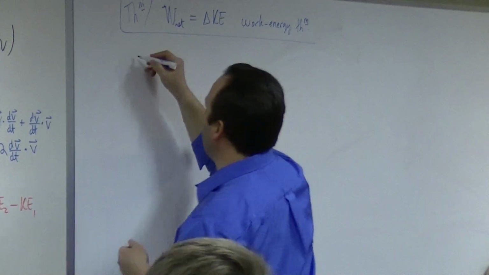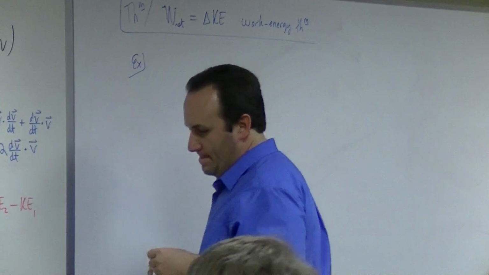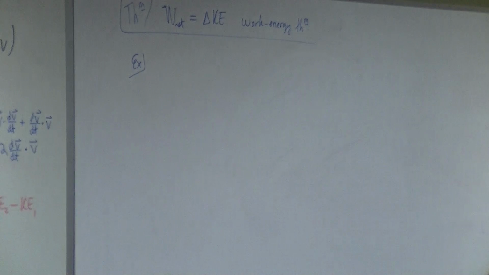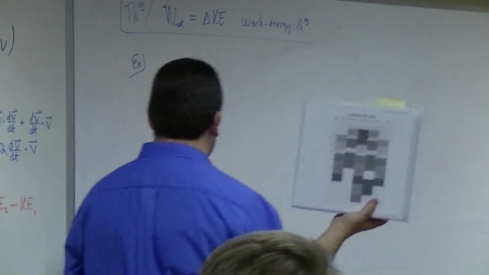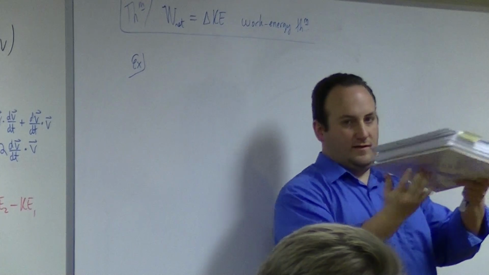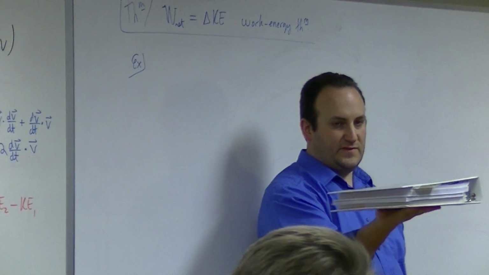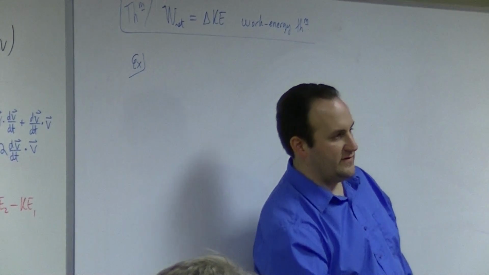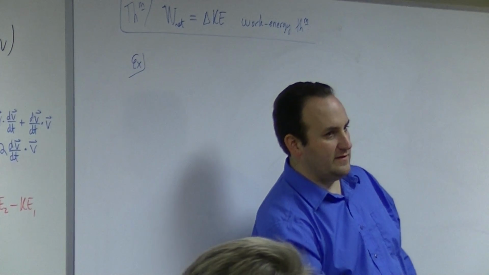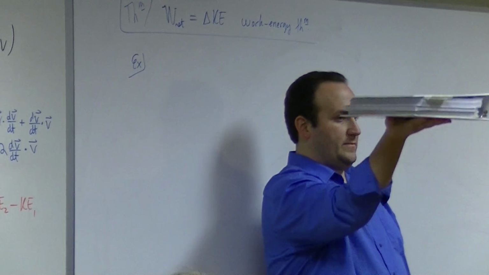So let me look at an example. Suppose I have this bunch of notes here. I take it, let's say at position 0, and then I raise it to right here.